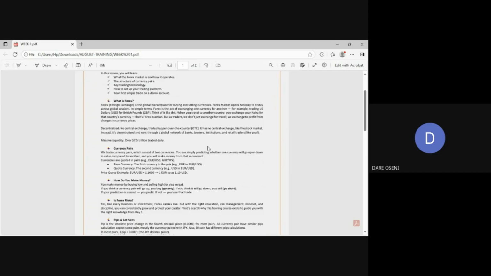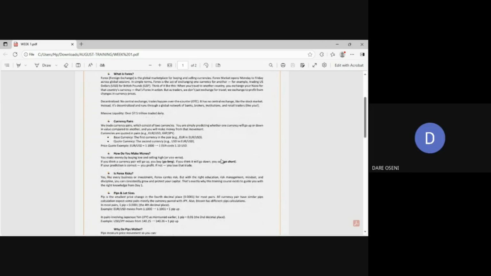Or if they reverse it, they say USDCAD, meaning to get $1 US, you must bring 3.75 Canadian dollars. That's if I reverse it back to USDCAD. Is it making sense to you? Yes. So the base is the first one, while the quote is the second one.